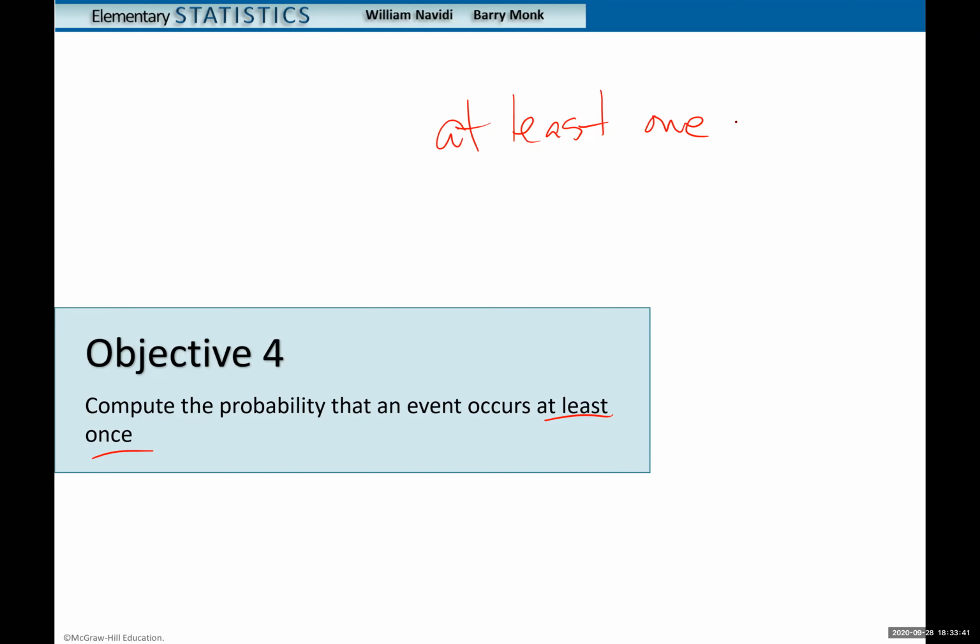Greater than or equal to 1. Yes. If we talk about at least 2, so greater than or equal to 2. It's always that at least is greater than or equal.